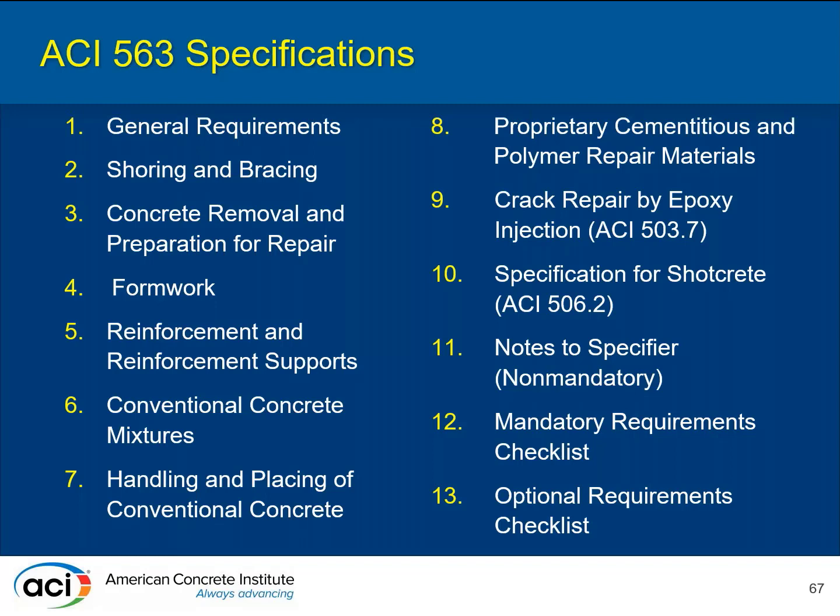It also acknowledges that there are things very much necessary as part of a repair program, but specifications are already developed elsewhere in the institute, so it just provides a reference to those rather than trying to reinvent the wheel.